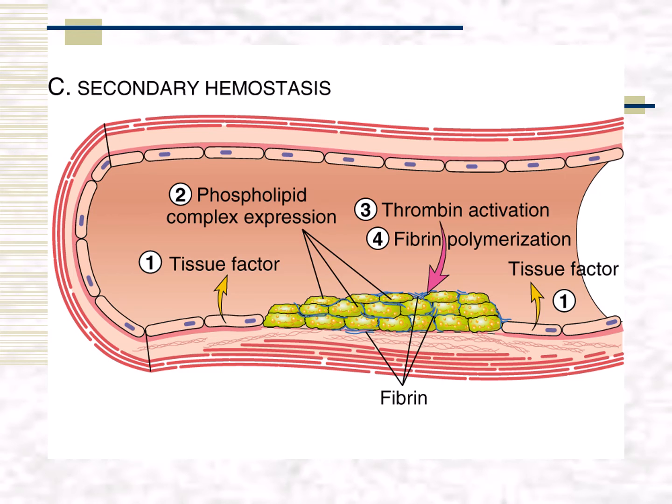So thrombin, as we know, is formed from the common pathway, resulting in polymerization, which is stabilization of the blood clot. Again, this is done by the fibrin stabilizing factor, also known as clotting factor number 13. So please take note of that.